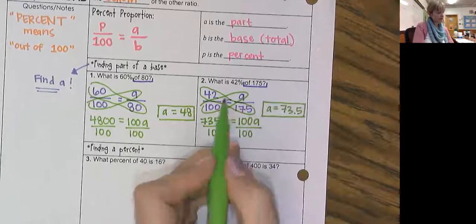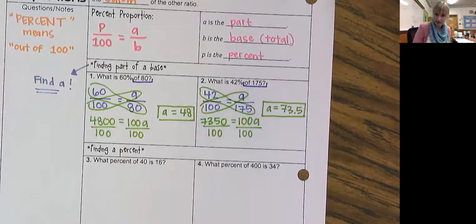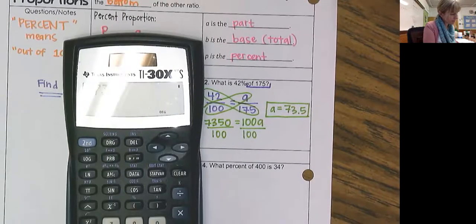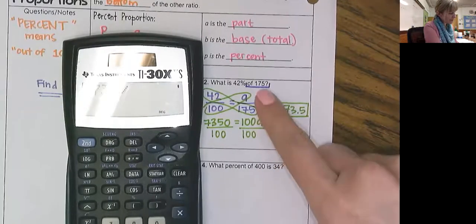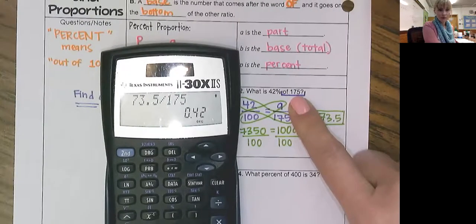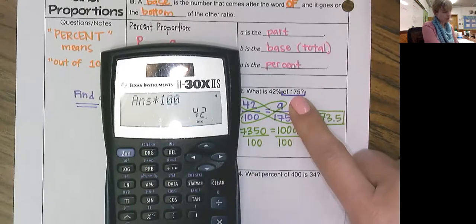So what we're saying there is that 73.5 is 42%, a little bit less than half of 175. Once again, though, we can check that, right? Watch. 73.5 divided by, it was out of 175, 0.42. That's the decimal form, times by 100. There's the percent form.